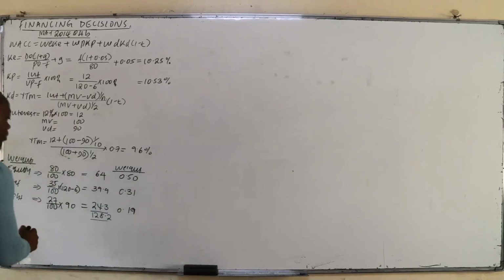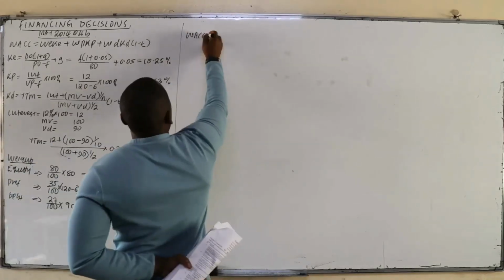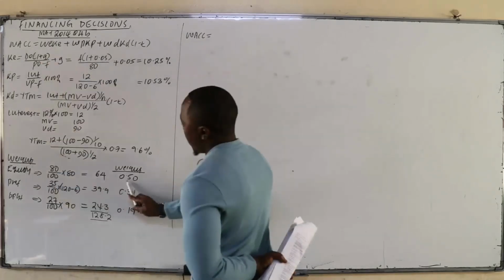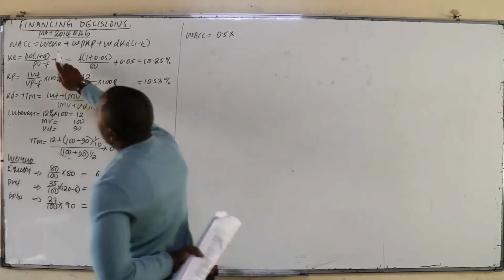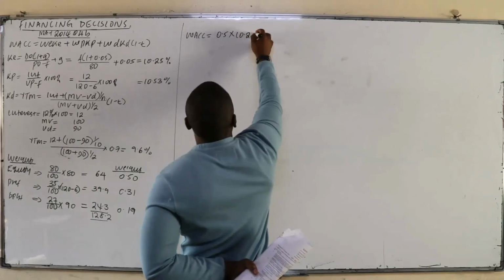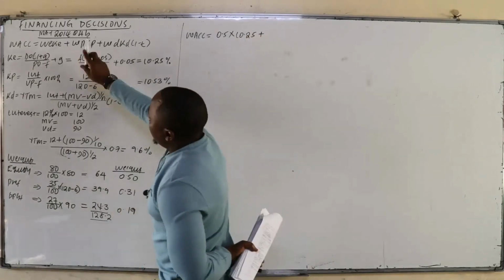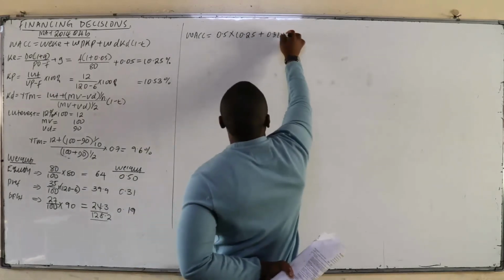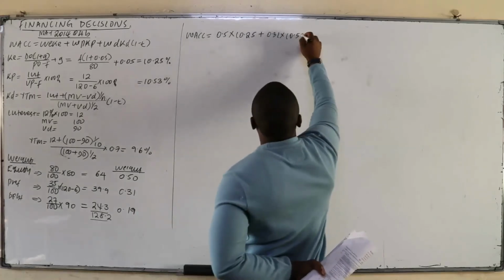So that means we can now be able to get WACC. So WACC is weight of equity times cost of equity. Weight of equity is 0.5. You multiply by the cost of equity. Cost of equity you have is 10.25, plus weight of preference times cost of preference. So the weight of preference share is 0.31 multiplied by the cost of preference share, which is 10.53.